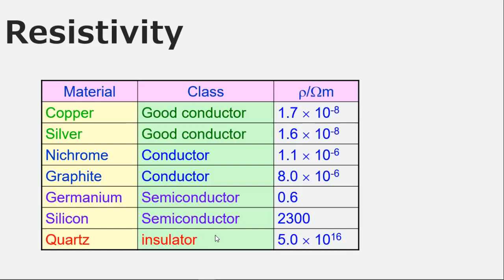Looking into an insulator, you have a greater amount of resistivity, such as quartz, with 5.0 times 10 raised to 16 ohm meter.